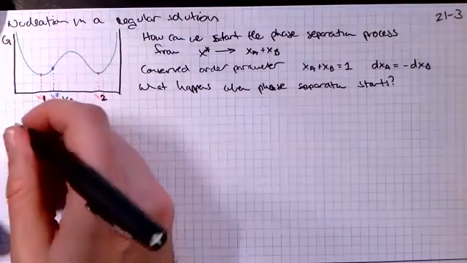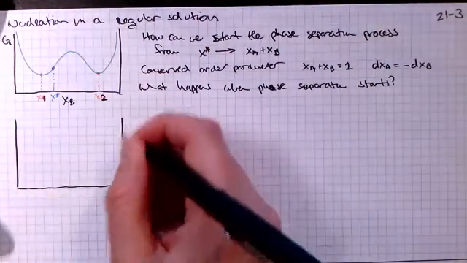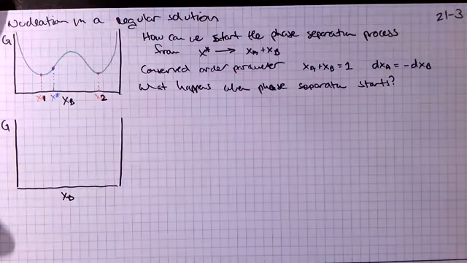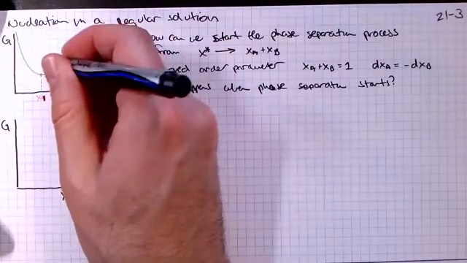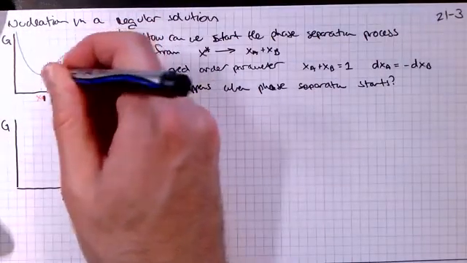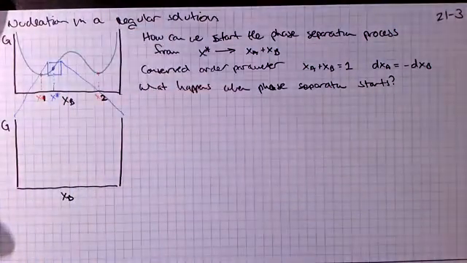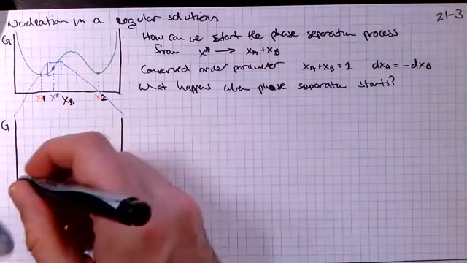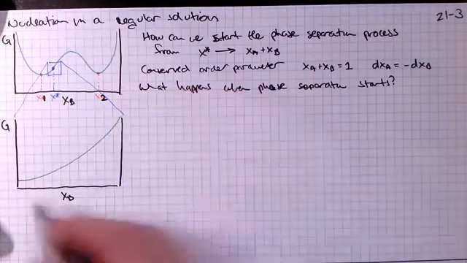So let's take a close-up view of G versus XB. And here we're going to focus right on the area around X star, right? So right around here. We're going to blow that up to make this graph. So if we look at that, we're at some local point in G. There's some curvature.